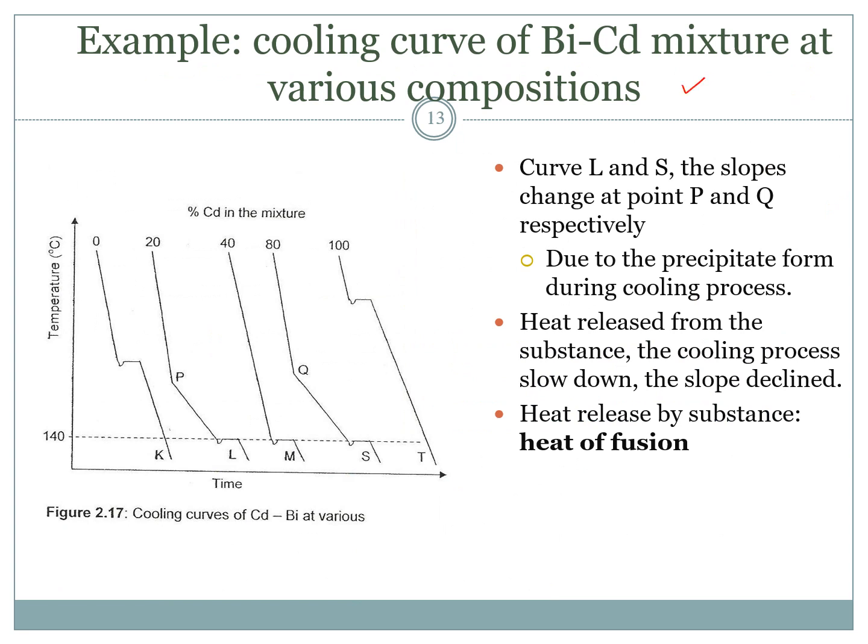This is the cooling curve of bismuth cadmium mixture at various compositions of 0%, 20%, 40%, 80%, and 100%. Curve L and S, the slope changes at point P and Q respectively due to the precipitate formed during cooling process. Heat released from the substance, the cooling process slows down and the slope declines.